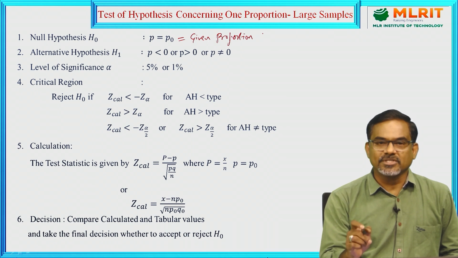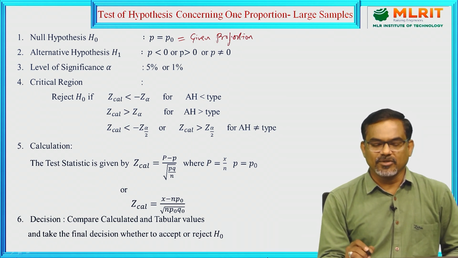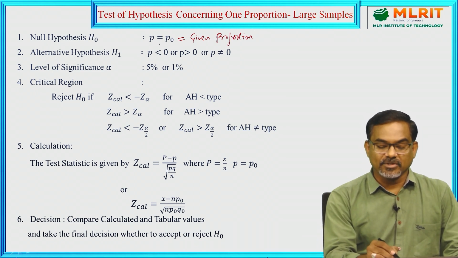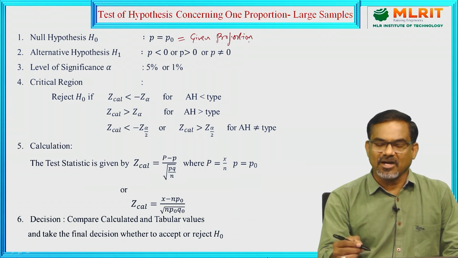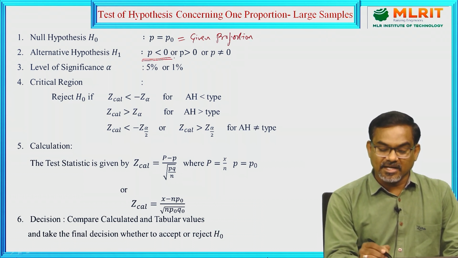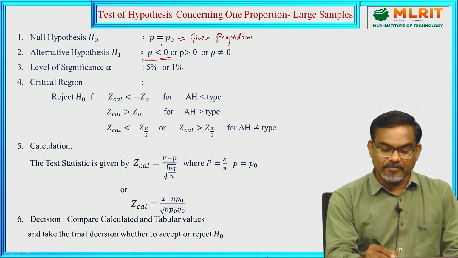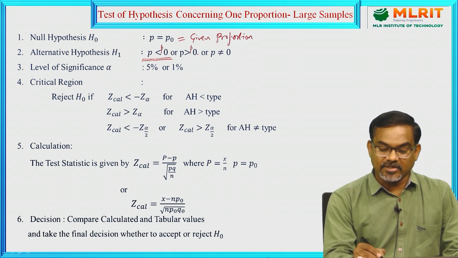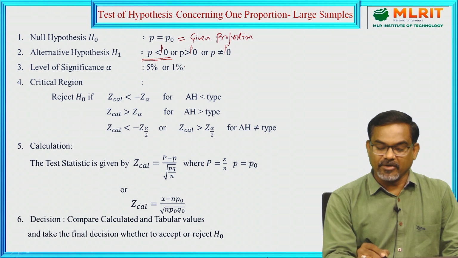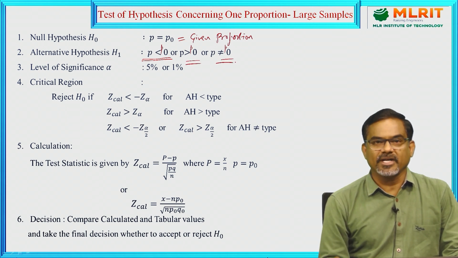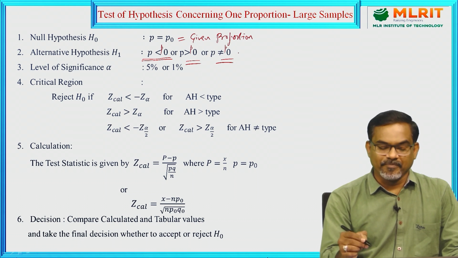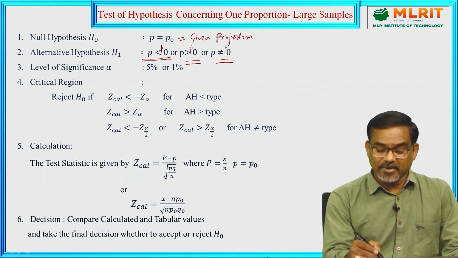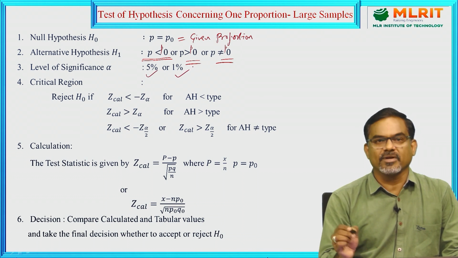Since the null hypothesis should be in the form of equal to, we consider the null hypothesis as p equal to p naught, and we test this null hypothesis against the alternative hypothesis, either p less than p naught or p greater than p naught or p not equal to p naught. There are three types of alternative hypothesis: less than type, greater than type, not equal to type. The level of significance alpha will be given in the problem, and the most general values are either 5% or 1%.